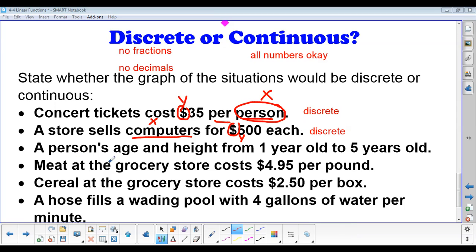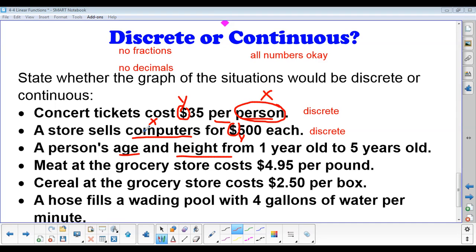Number 3, a person's age and height from 1-year-old to 5 years old. So we have age and height here. Now for both of these, we know that fractions and decimals are okay. I don't just magically go from being 30 years old to 31 years old. I'm 30 in a day, 30 in 2 days, 30 in 3 days.